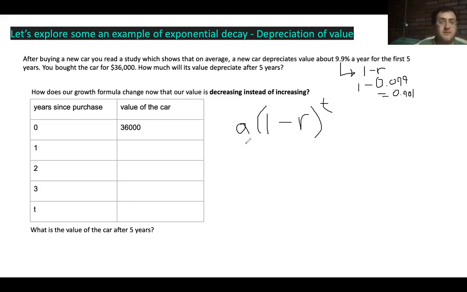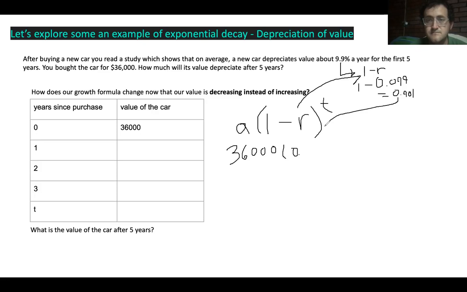So we can actually just come up with a general equation here. So this is going to be 36,000 times 0.901 to the t. So when I plug it in, you may just want to show one plug-in, for instance.